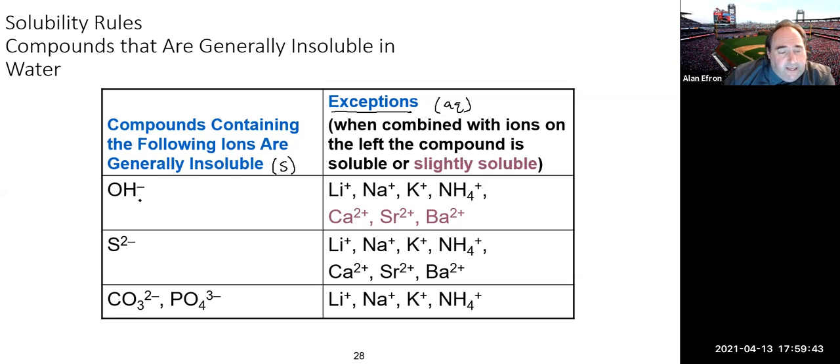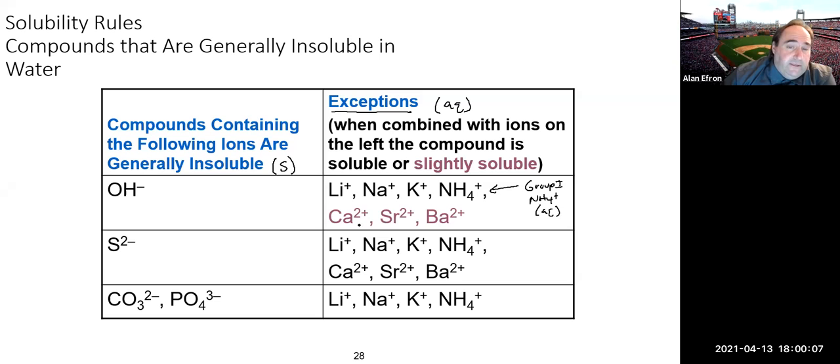So hydroxides are typically insoluble, but there are some exceptions, which are pretty much what we saw on the previous slide: group 1 and ammonium. If you have any of those guys, like sodium hydroxide, they go from being insoluble to soluble and would get the aqueous symbol.